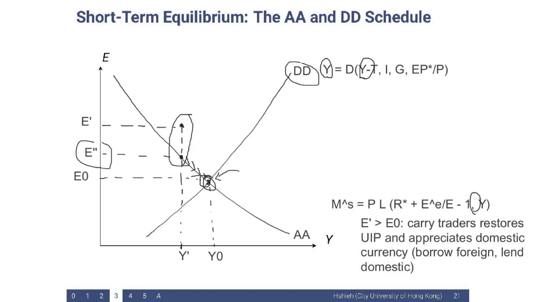All right, so remember, when we drop to this point, we are still at this output level. For this level, let's call that E double prime, of the spot exchange rate, we are still underproducing, essentially, because we are not on the demand curve.